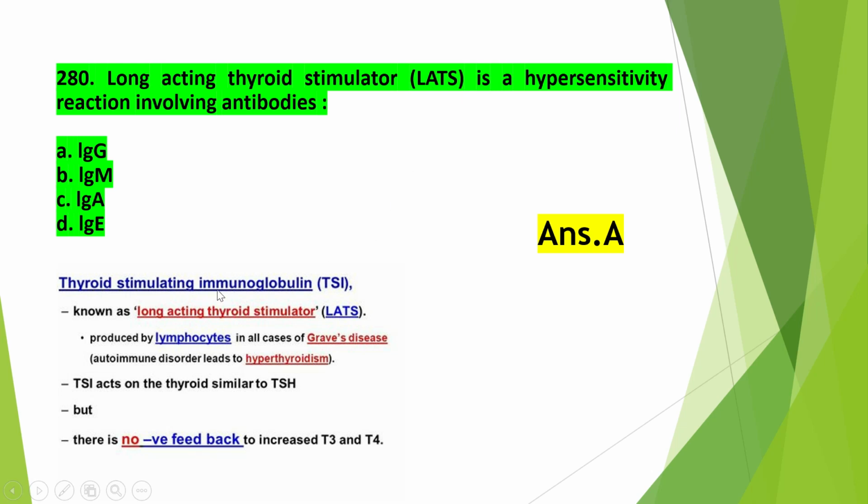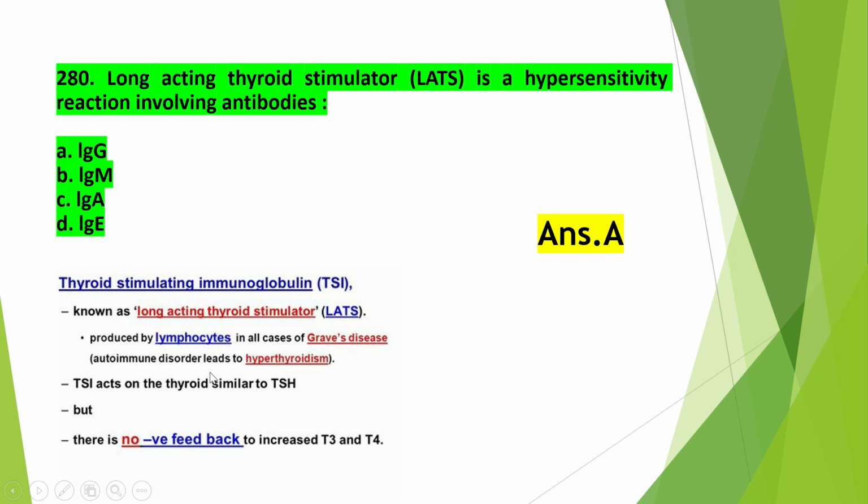This thyroid stimulating immunoglobulin, that is IgG, known as TSI, is the long acting thyroid stimulator, which is produced by lymphocytes in all cases of Graves disease, which is responsible for hyperthyroidism. And this TSI acts on the thyroid similar to TSH, that is thyroid stimulating hormone.